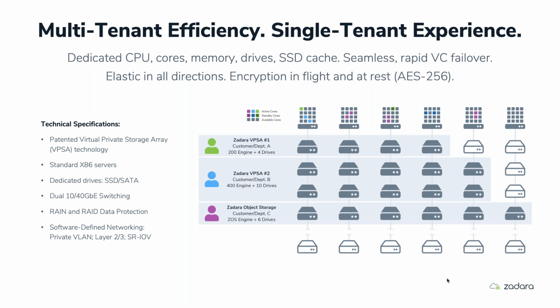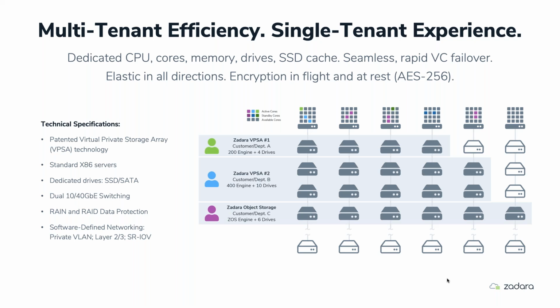Right. And certainly for a VMUG audience, this kind of diagram is going to look very familiar because it's very similar to a virtualized server or a virtualized server cloud environment in a high level diagram. But the key thing here is that we create these virtual private storage arrays. They can be created on a department level. You can create one for a whole company.